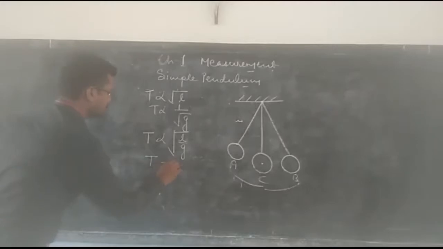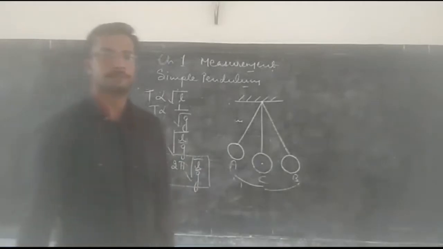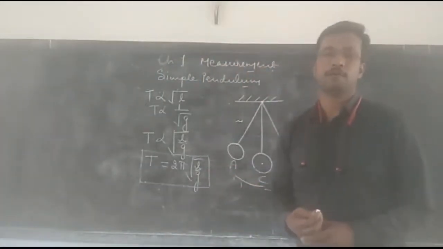Here the constant is 2 pi. So T equals 2 pi under root L by g. This becomes the formula to find the time period of a pendulum. Please see the relation.